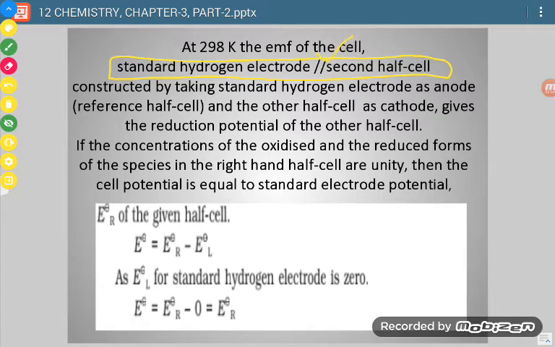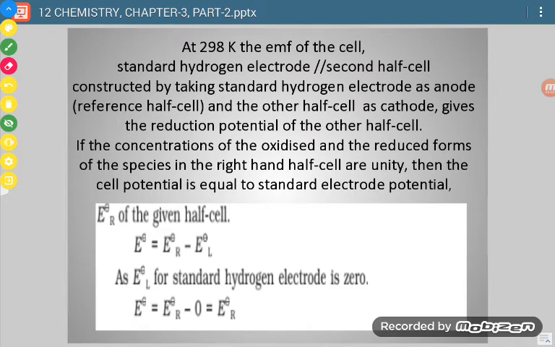These double parallel lines mean salt bridge. So on the left side it is SHE, on the right side it is the half cell for which the reduction potential value is to be determined. By convention, we write the oxidation half cell on the left side and the reduction half cell on the right side, separated by this salt bridge. So we have written it like this.